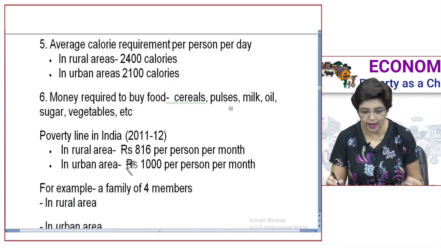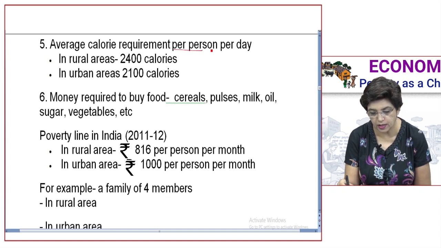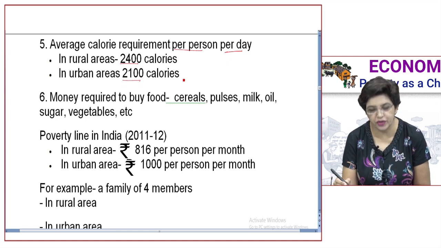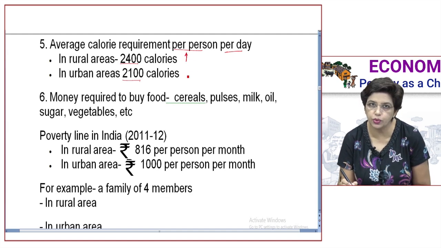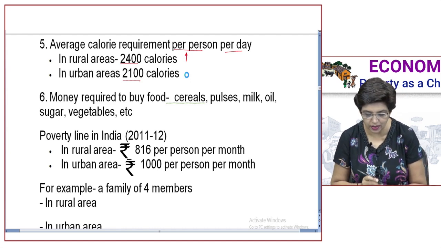Then as per the current data, the average calorie requirement per person per day in rural areas is 2400 calories, in urban areas it is 2100 calories. So you will see a difference here. It is higher in the rural areas as compared to the urban areas. So what is the reason?